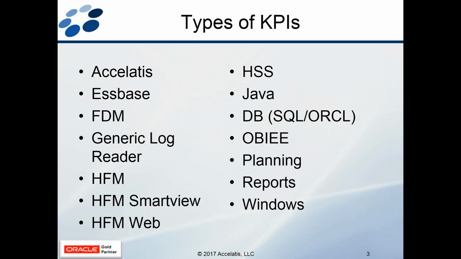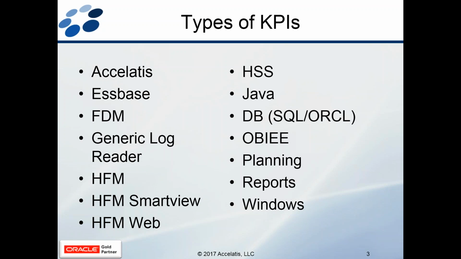So today we're going over creating KPIs. There are a number of KPIs that are available to you. KPIs are key performance indicators. And as far as the Accelatis product goes, we can collect information on many different areas to help you understand your system. The types of KPIs that we have available depend on the plugin that you have installed on your system.